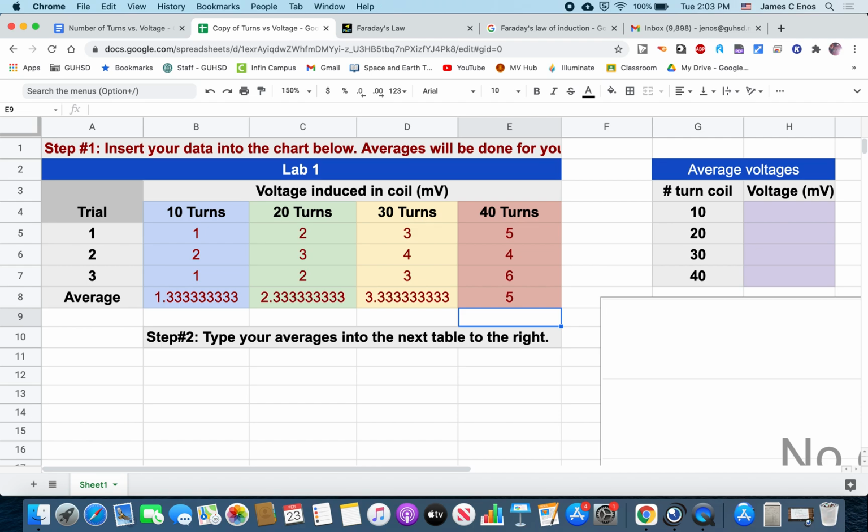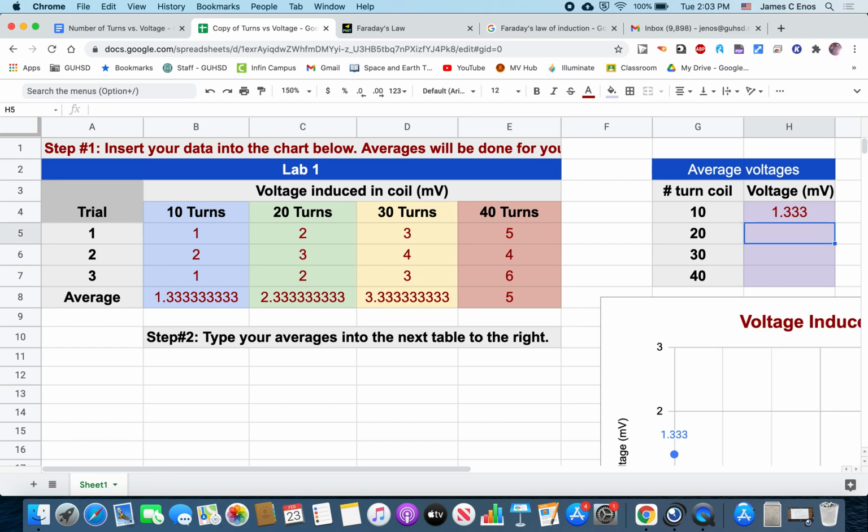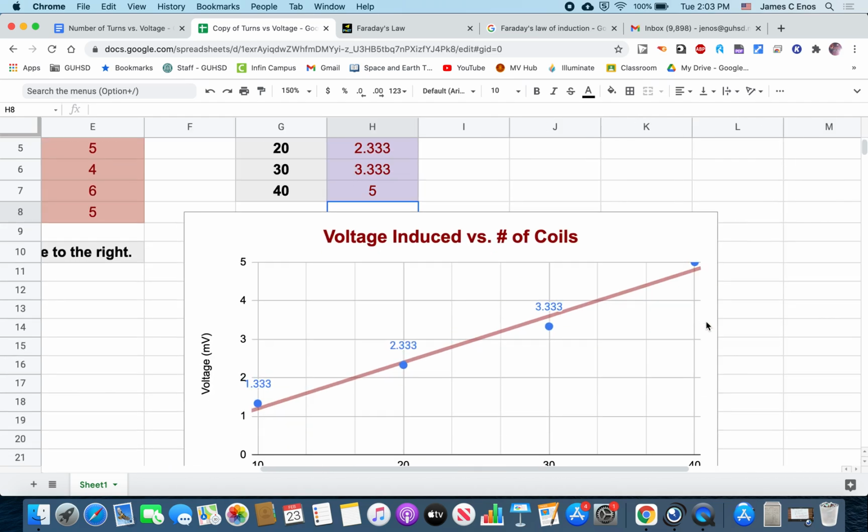Then in this column we put your averages. So I got a 1.333, a 2.333, a 3.333, and then a 5. And so what we get is this graphical relationship shown here.